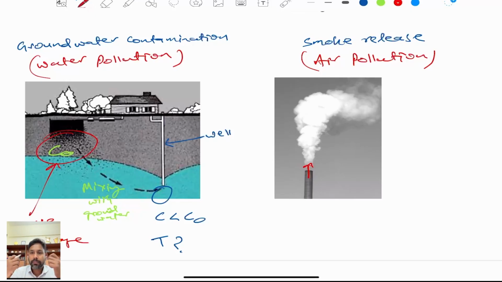Because it's getting mixed, it gets diluted and its concentration decreases, but from this location to a certain distance, we want to know what its concentration will be. So we are trying to find out the level of contamination, or level of air pollution, based on the mixing. So what does it all depend on?